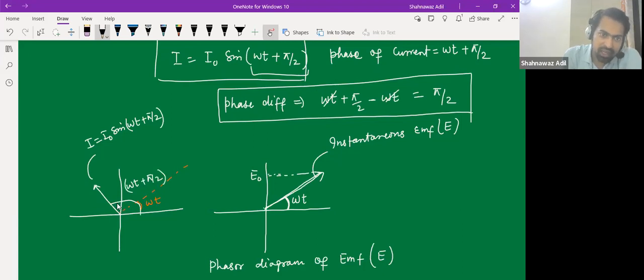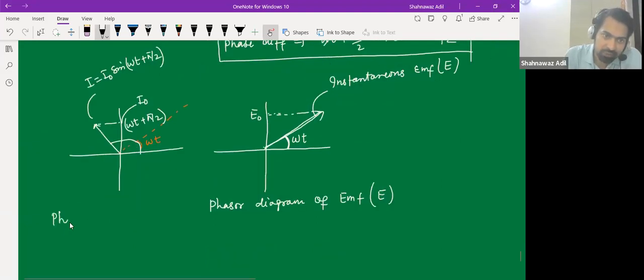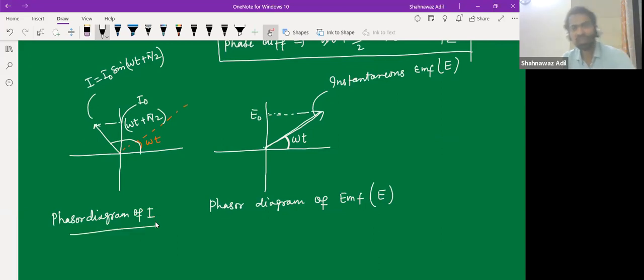Okay. And when we drop this down to the y-axis, we'll get I naught. So this is the phasor diagram of current.